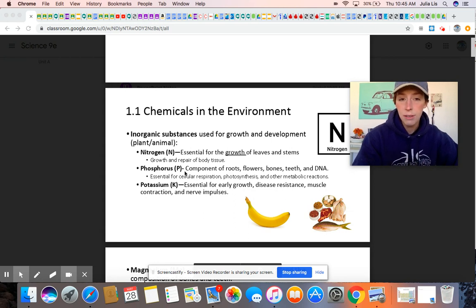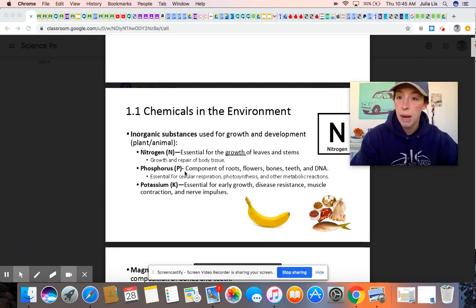The difference between inorganic substances and organic substances, which we'll talk about later, is that organic substances like carbohydrates, proteins, fats, which are also known as lipids, we're always going to find a carbon and a hydrogen, those two elements, in organic substances.